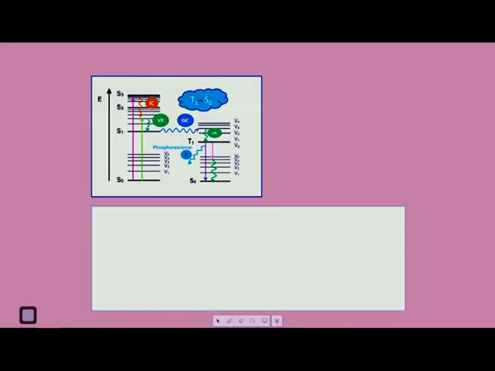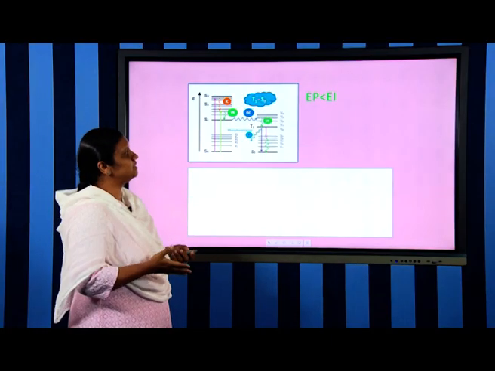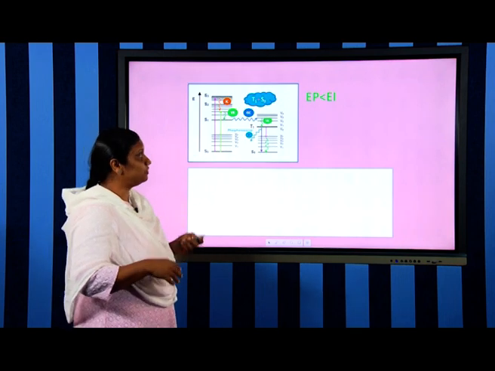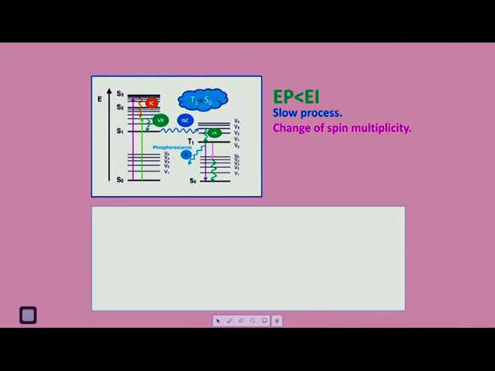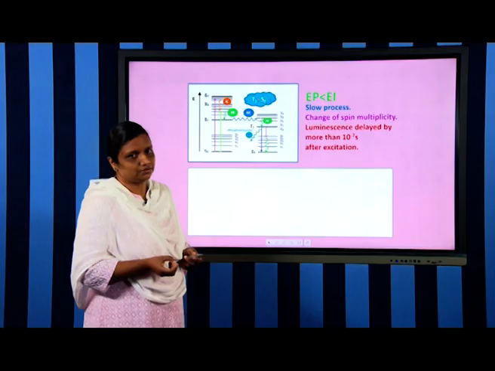Now, regarding phosphorescence, it happens between the triplet state and the singlet state. And the phosphorescing energy will be definitely lesser than the incident energy, as we have explained for fluorescence, for the same reason, because various other transitions come in between before phosphorescence happens. And hence, it is a slow process. There will be change in spin multiplicity, and the luminescence is delayed by more than 10 to the power of -7 seconds after excitation.